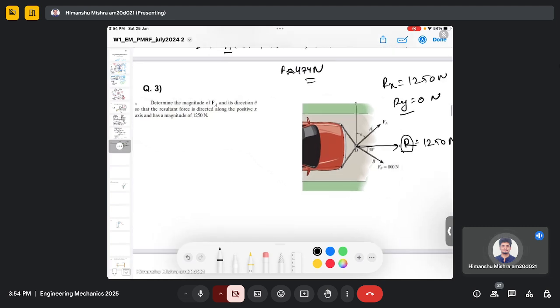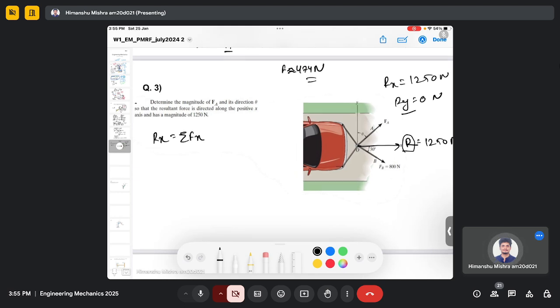So again, we will be using the similar concept that my resultant force in the x direction is just the summation of all the forces in the x direction, and my resultant force in the y direction is just the summation of all the forces in the y direction. When you use this concept, you will notice that we need to solve these two equations.